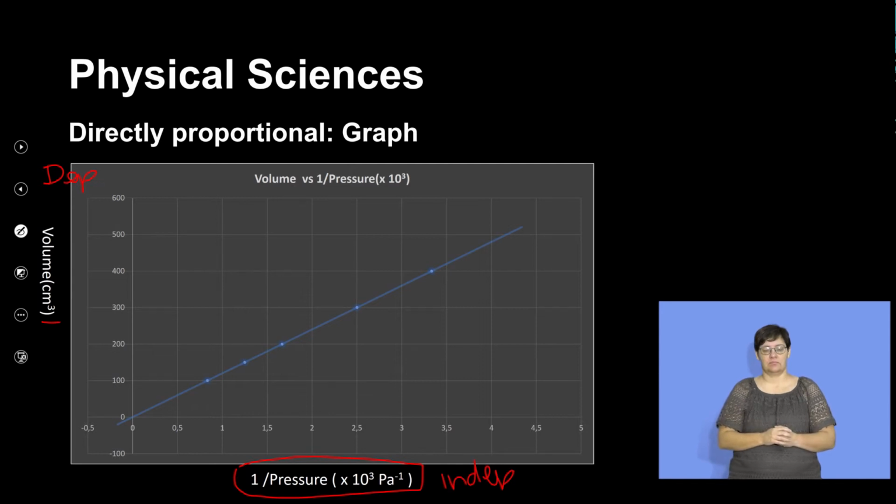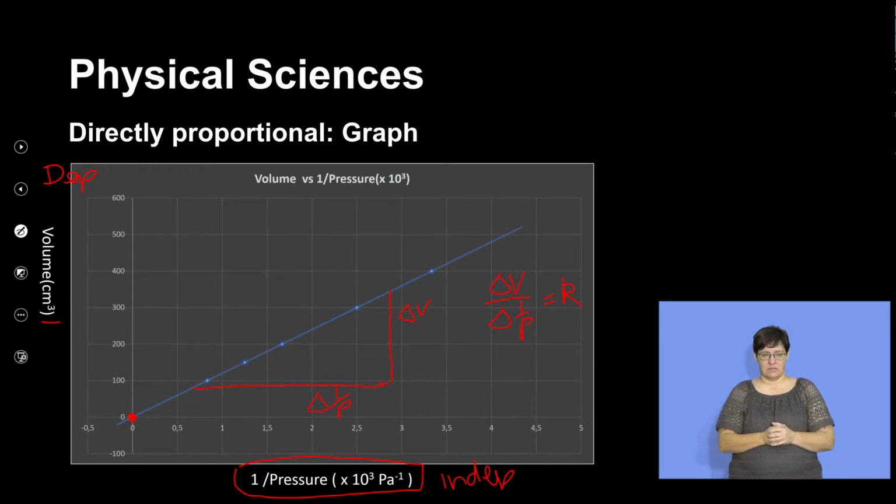Now notice this graph line cuts through the 0, 0 point. We also recognize it's a straight line, and so the gradient is constant. And so we've got a recognition here that the change in volume and the change in 1 over pressure, if we took those two and we put them over each other into an equation like this, that this will form a constant.